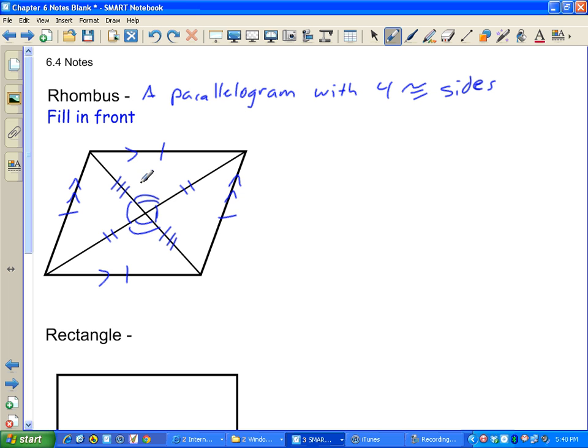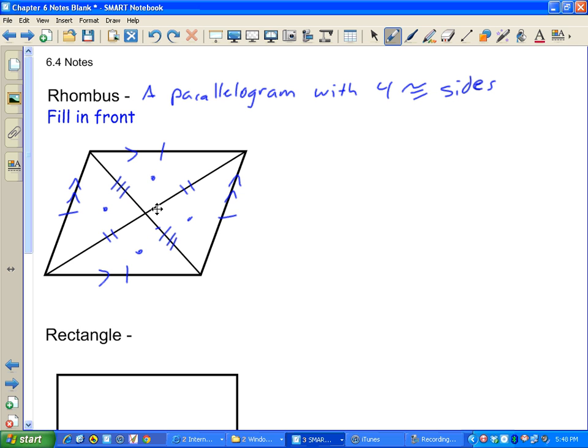Okay, so since these big angles are congruent and these triangles, all 4 of these triangles are going to be congruent. Okay, I don't even need these. So I've got this triangle here has a 2-line side, a 3-line side, and a 1-line side. This triangle has a 2-line side, a 3-line side, and a 1-line side. So all 4 of these triangles are congruent to each other.